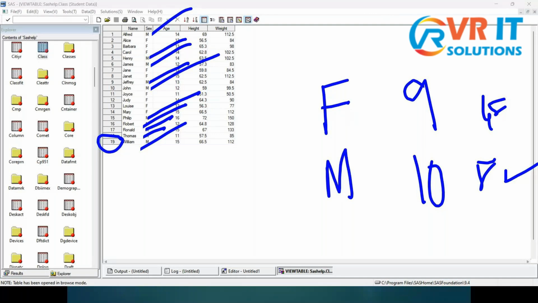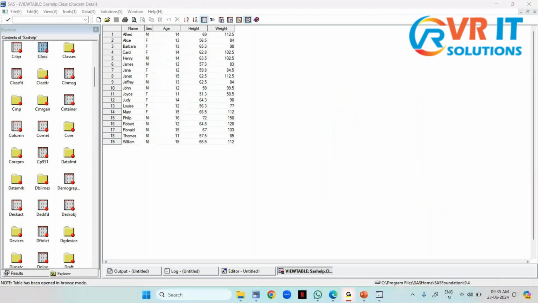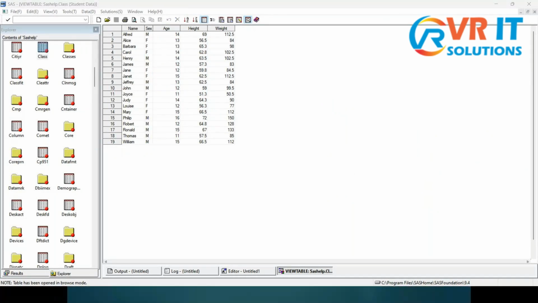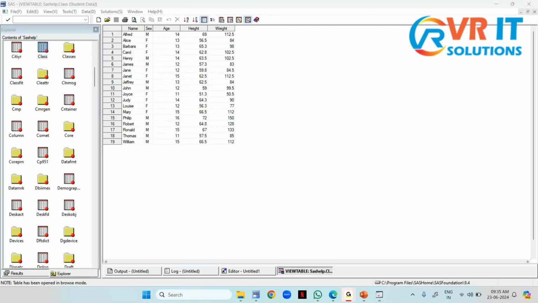Now how can I do that? This is a very small data set, so I'm able to count it. But sometimes the data will have lakhs of observations. Here there are only 19, but sometimes there would be lakhs of observations. We cannot count. So for that we will write a small piece of code.